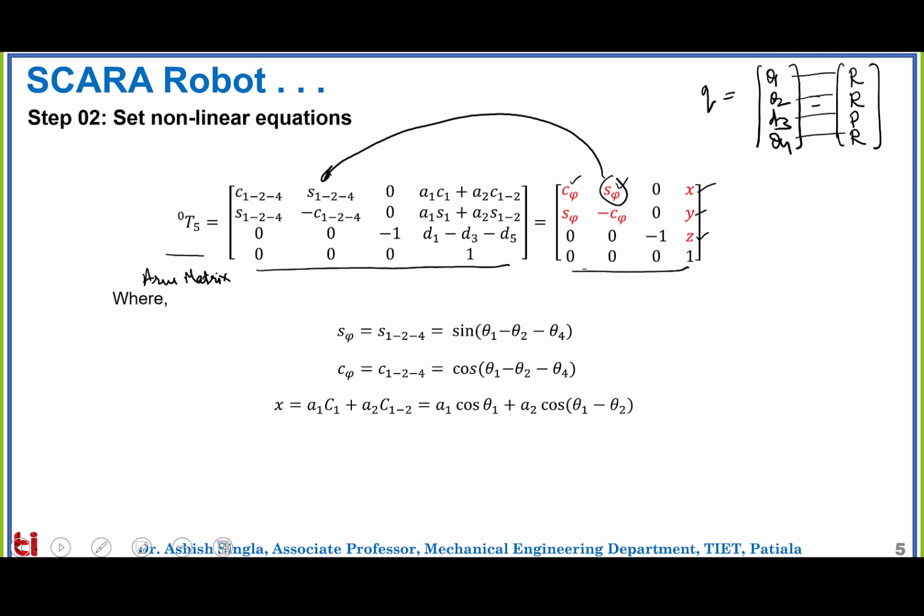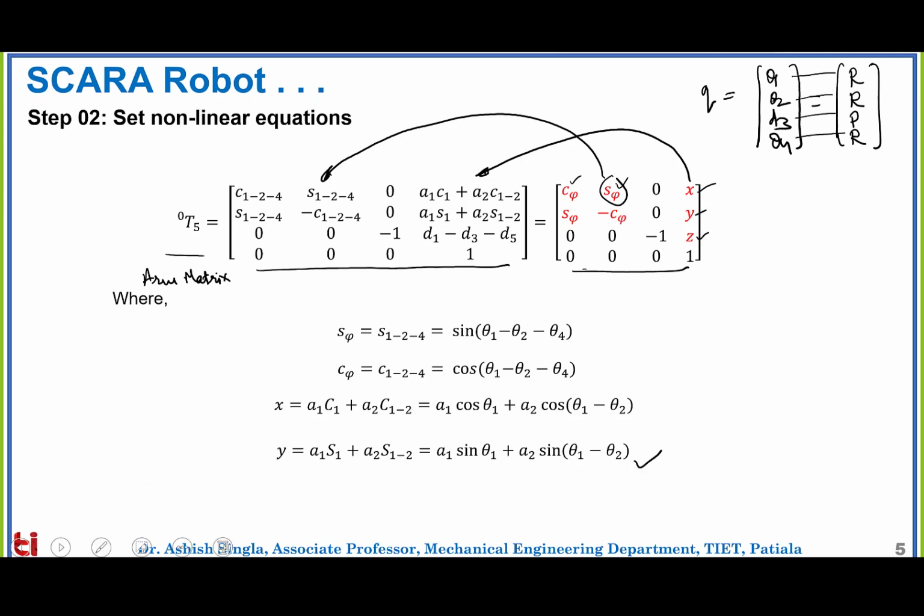And then x represents, over here, a1 c1 plus a2 c1 minus 2, and in expanded form it is written as a1 cos theta 1 plus a2 cos of theta 1 minus theta 2. Then comes y. Similarly, y equals a1 s1 plus a2 s1 minus 2, which in expanded form is a1 sin theta 1 plus a2 sin of theta 1 minus theta 2.